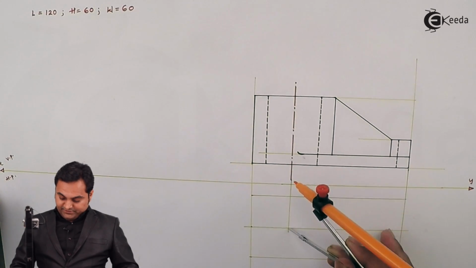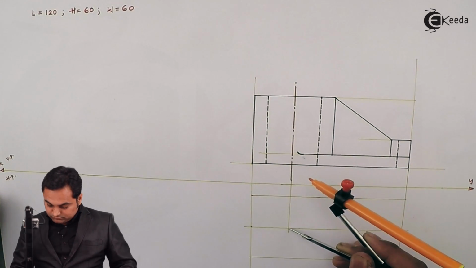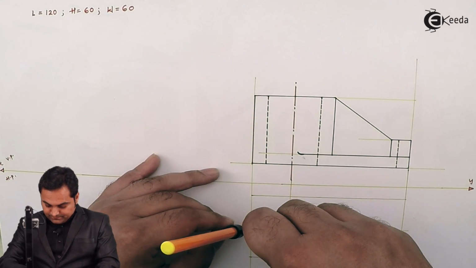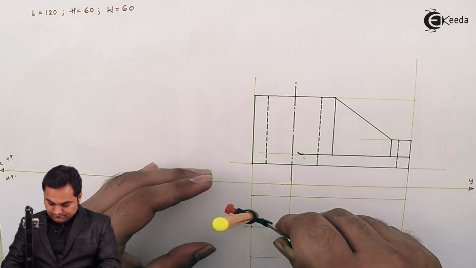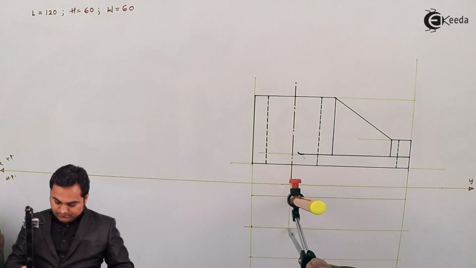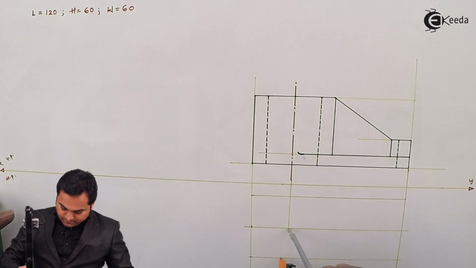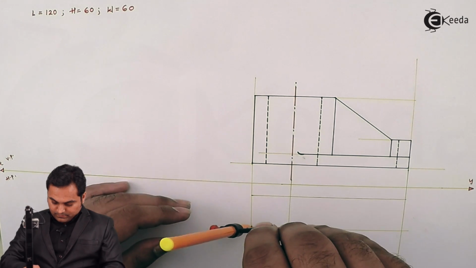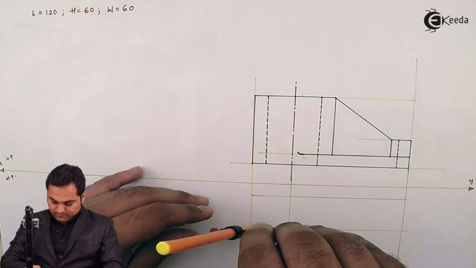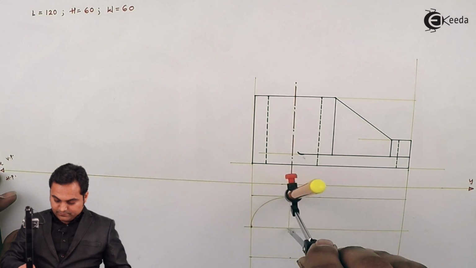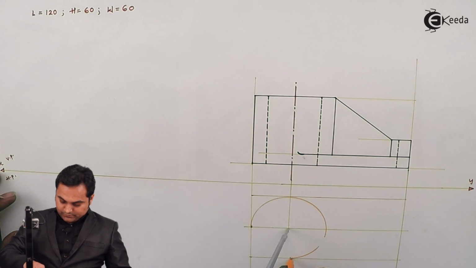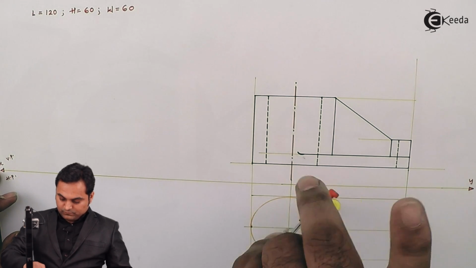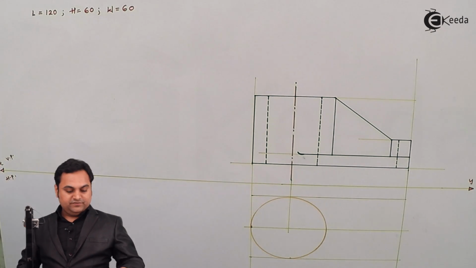So keeping this as the center, and here is the radius. I'll draw a light circle. So this is the outer circle of the cylinder which is visible.